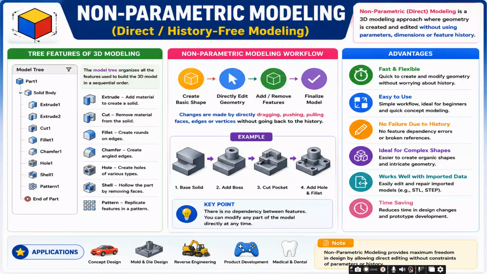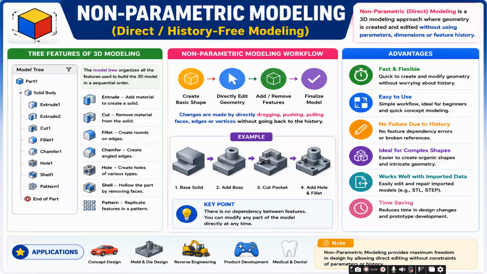Non-parametric modeling is a 3D modeling approach where the geometry is created and edited without using parameters, dimensions or feature history. Advantages of non-parametric modeling: fast and flexible, quick to create and modify geometry without worrying about history. Easy to use, with a simple workflow, ideal for beginners and quick concept modeling.